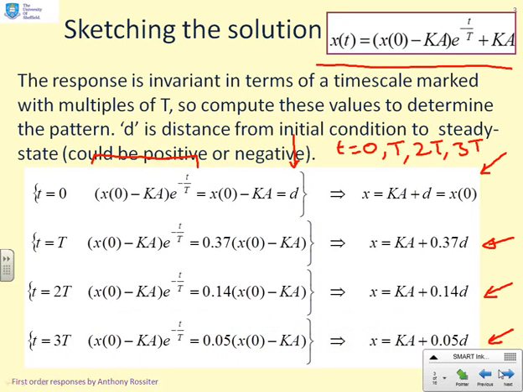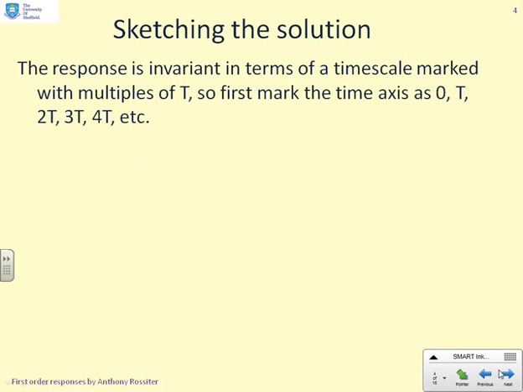So hopefully you'll see there's a very neat pattern here for how x changes with time. The steady state appears in all these solutions, x of 0, x of T, x of 2T, x of 3T, and the actual values are written as the steady state plus some distance from the steady state, and that distance starts at d and then goes to 37% of d, 14% of d, 5% of d. This will make it very easy for us to do a sketch.